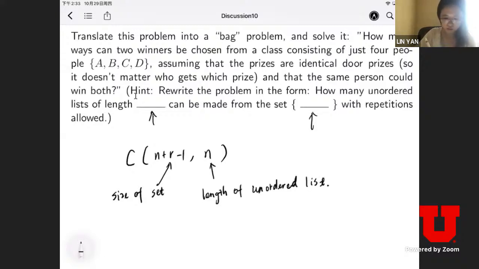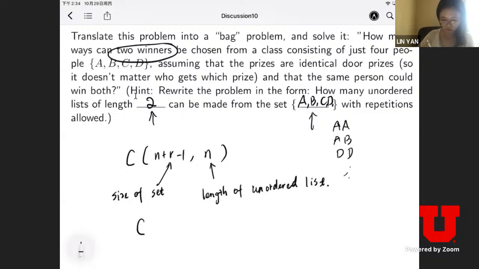Because we want two winners, the length of the unordered list is 2, and the set is A, B, C, D. That means the answer can be AA, AB, DD, and something like that.